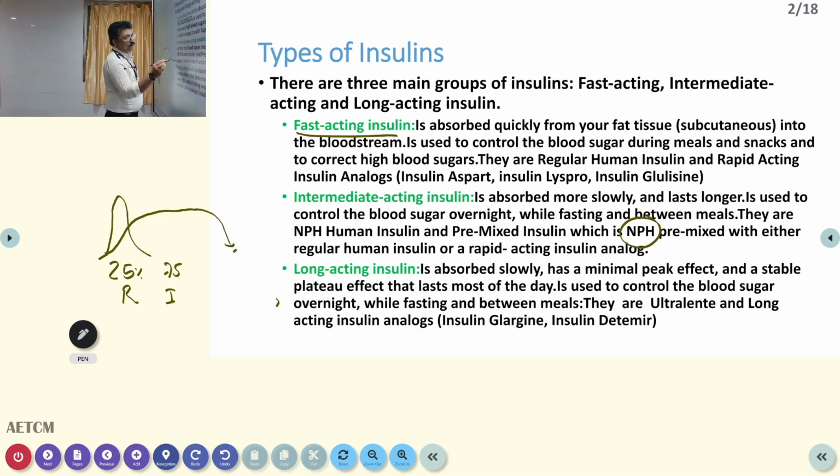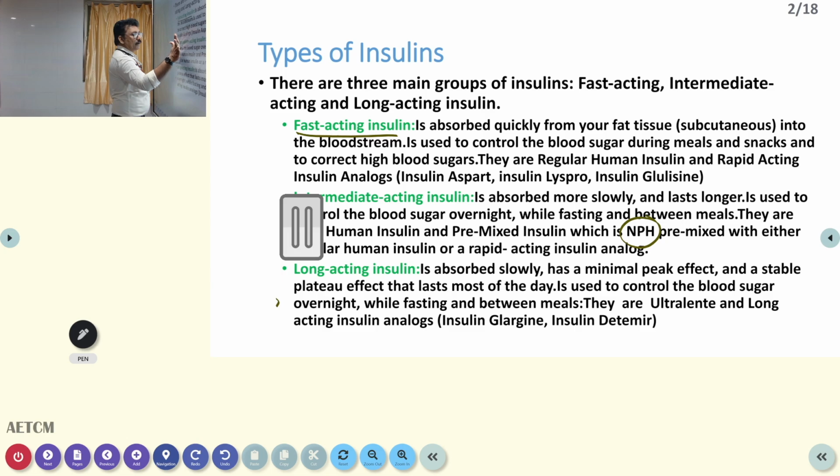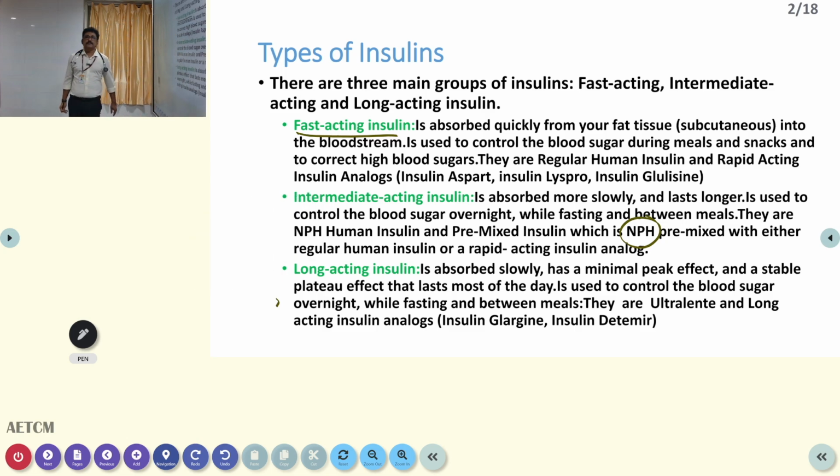Then at night you have to give another dose before his dinner, so that the fast acting insulin controls the postprandial sugar, and throughout the night the intermediate acting insulin acts. These are called premixed insulins. Premixed insulins are available in the market, and there are different types that we'll see afterwards.